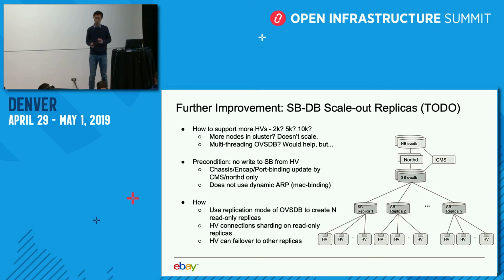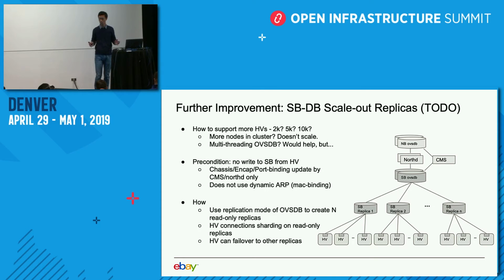And if we don't use advanced features like dynamic ARP learning, then there's no need to write the southbound DB from the hypervisor. And if that's true, we can take a very simple approach, which is just to add n read-only replicas to the southbound DB. So this is very easy to scale out.